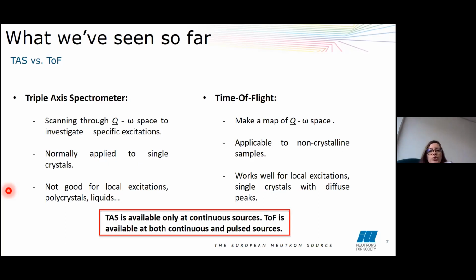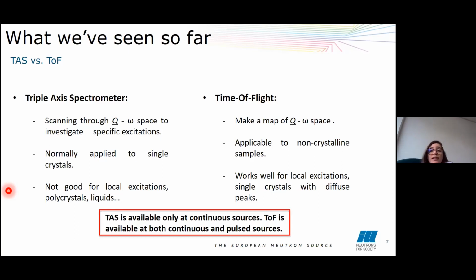And due to its detector characteristics, triple axis is mainly used for single crystals, and it's not the best option when it comes to the analysis of local excitations and liquids, for example. So it would be nice to have a complementary technique to fill these gaps.